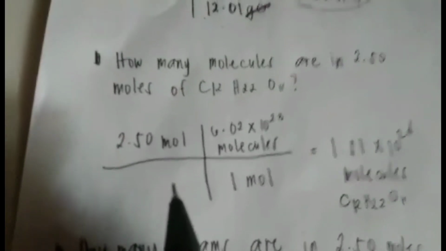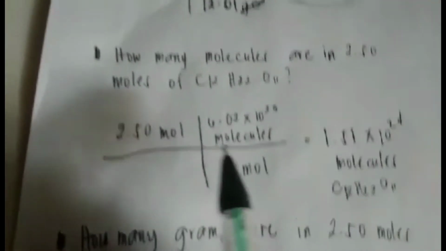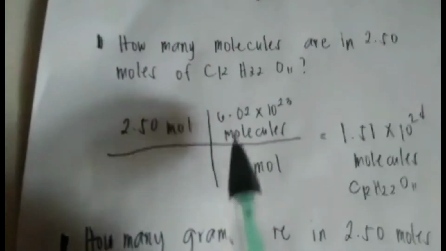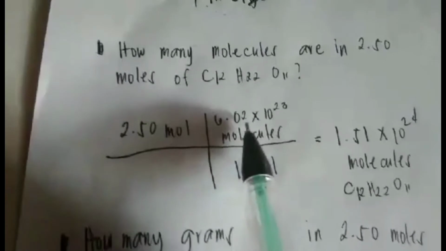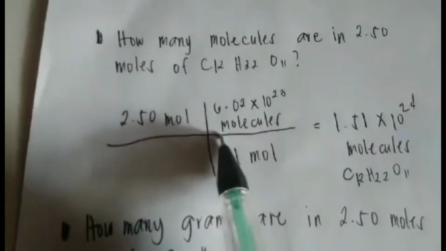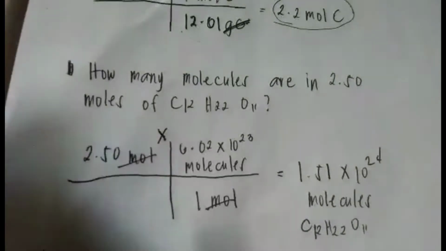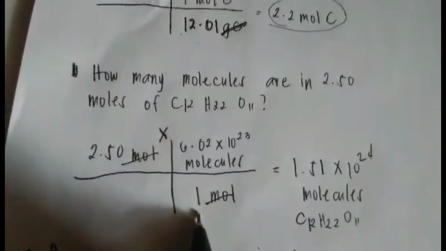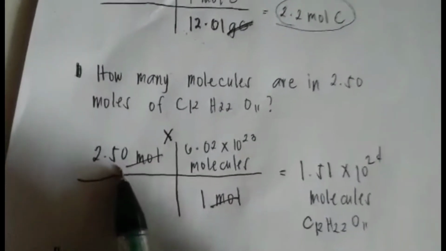We start with 2.50 moles, and since we need to find the molecules, we write 6.02 times 10 raised to 23 molecules over 1 mole. Now that we cross out the moles, 1 still remains here and 2.50 still remains here.